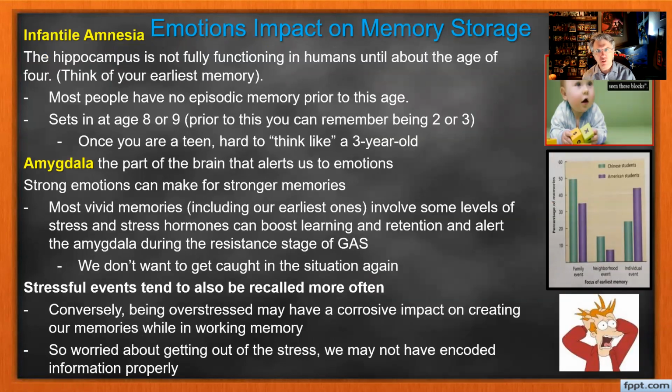Now, again, emotions can impact our memory and our storage. Infantile amnesia, back to episodic memories. Our earliest episodic declarative memories don't tend to happen prior to the age of 3. Okay, and 4, maybe 3 or 4 are our earliest memories.